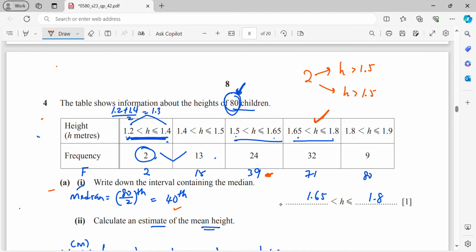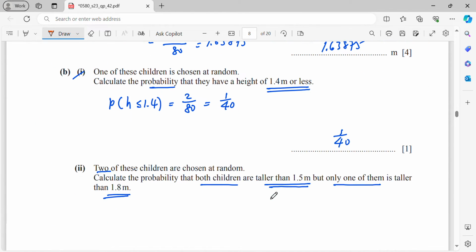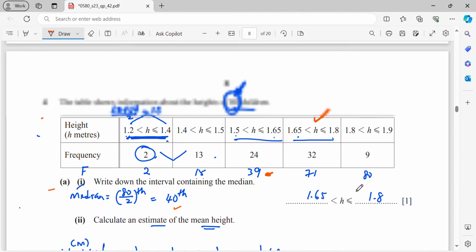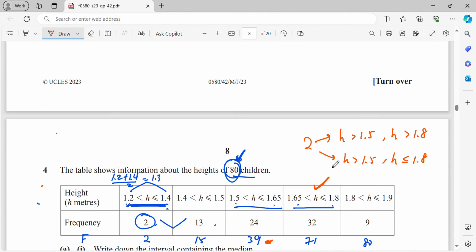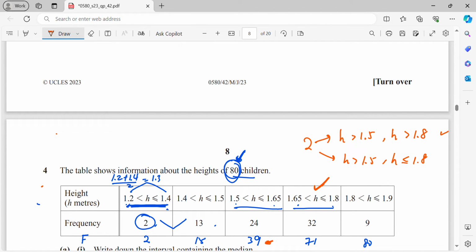Okay, but only one is taller than 1.8. Right, according to the question. So which means another one must be less than 1.8. So for the first one, it will be 9 over 80.